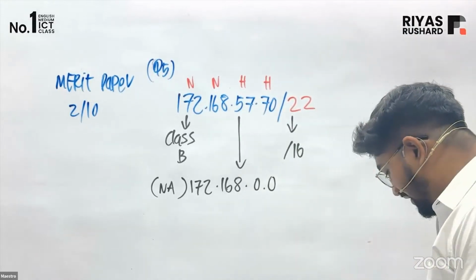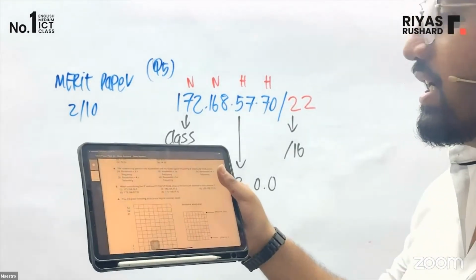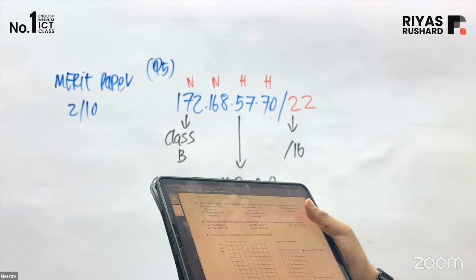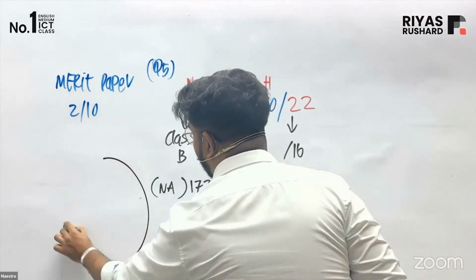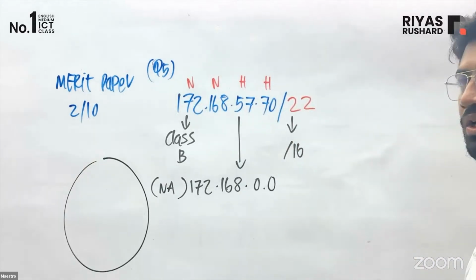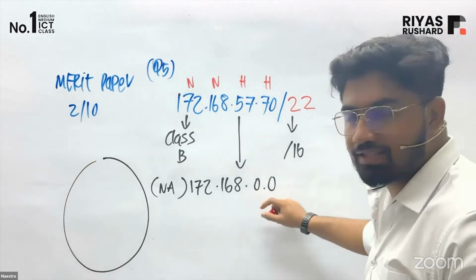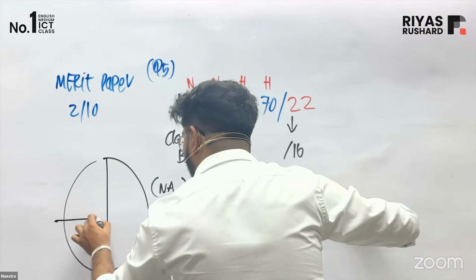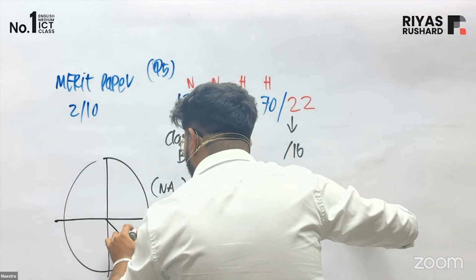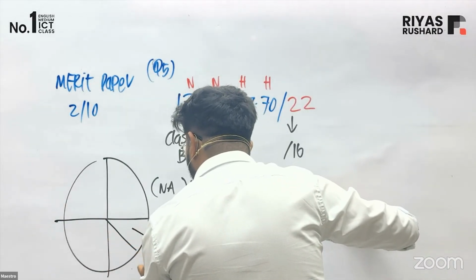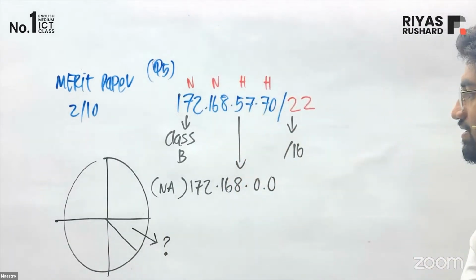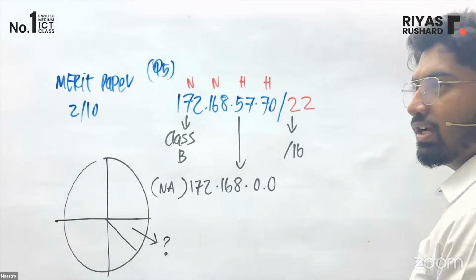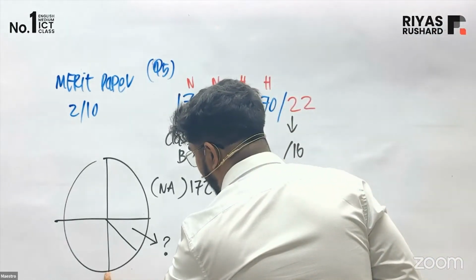What the question is asking is, when considering this IP address, what is the network address? Meaning we had a whole cake, that is this IP address, and now it is being divided in such a way. They are asking, for this IP address, what is the network address?